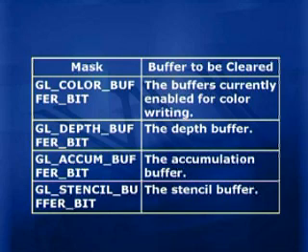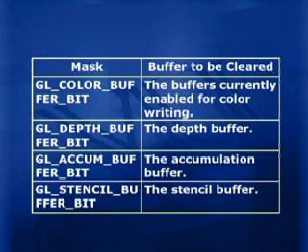Similarly, GL_ACCUM_BUFFER_BIT is for the accumulation buffer or accumulator. GL_STENCIL_BUFFER_BIT is associated with the stencil buffer. If all of these are specified, it means glClear should clear all these buffers.